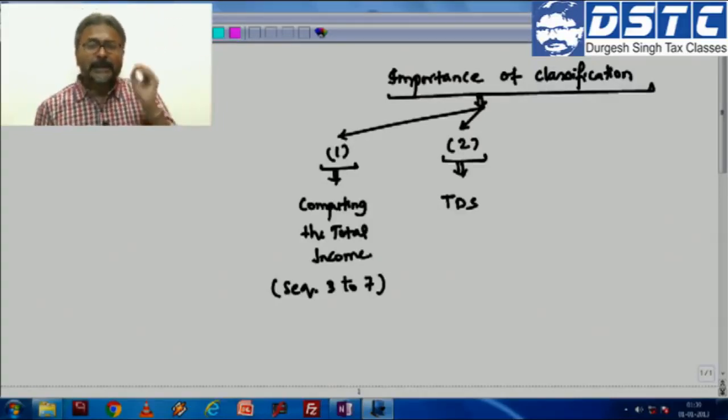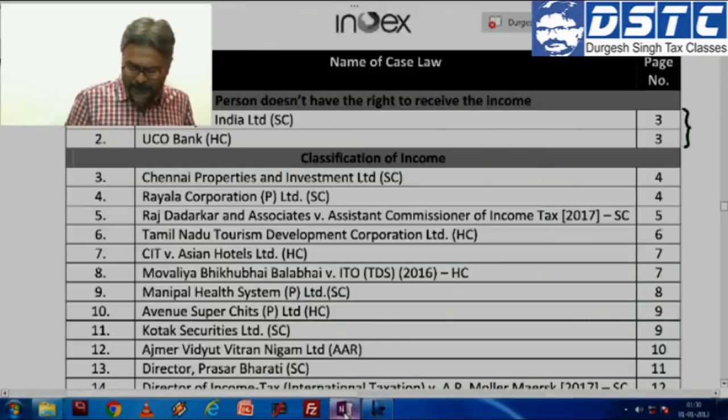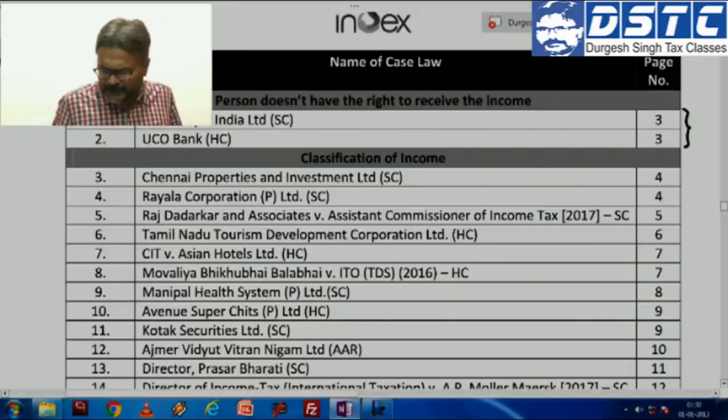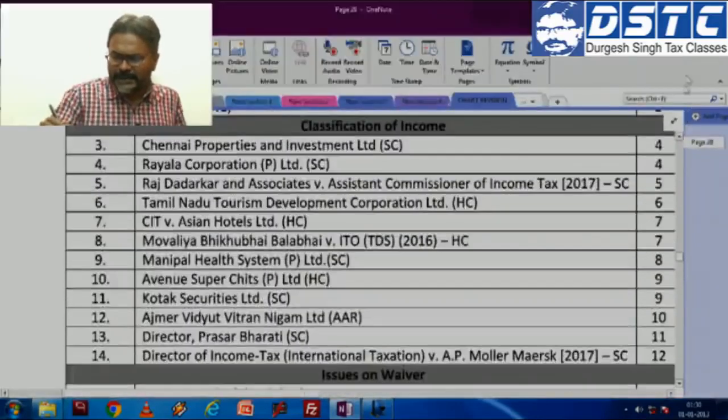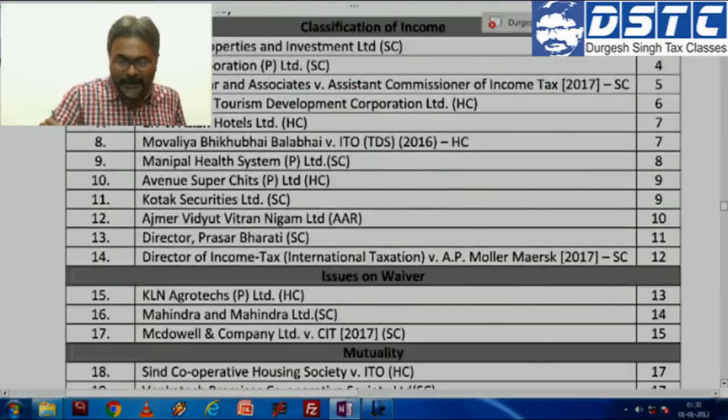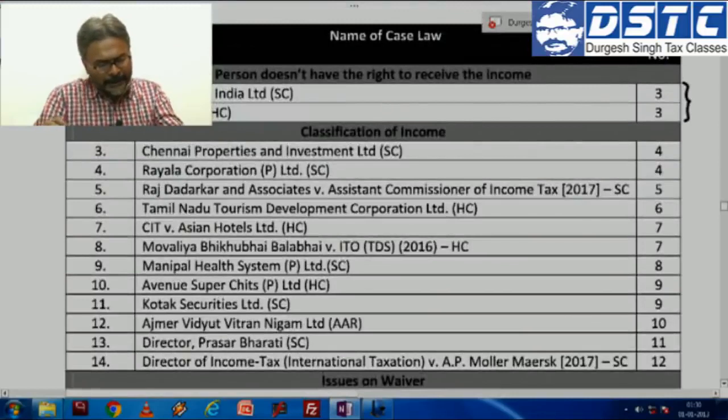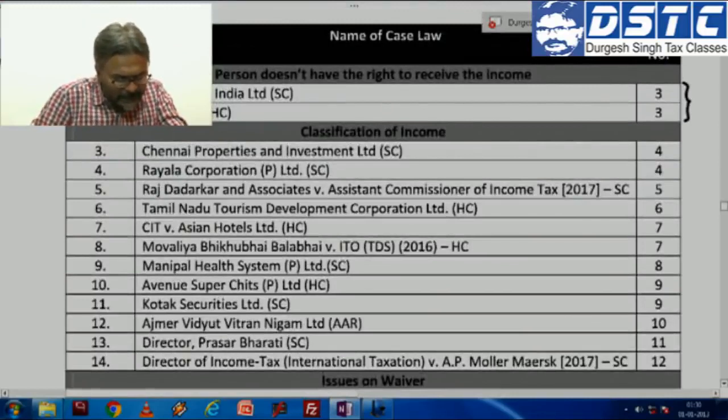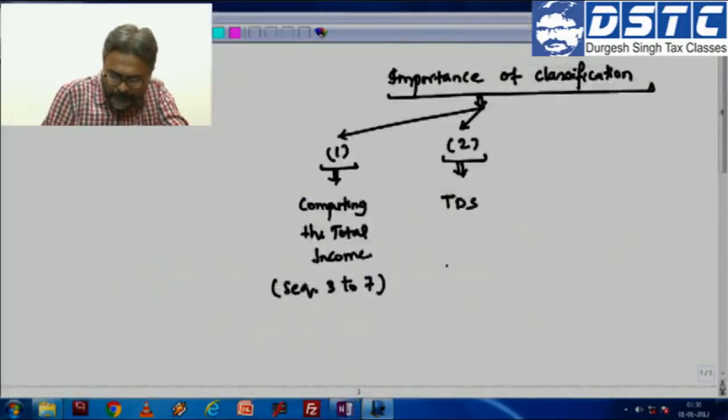So therefore, the classification becomes critical in this particular case. And that is the reason why, students, in this context, the situation of TDS, the case laws of classification, and that too for TDS purpose, are case law number 9 to case law number 13.